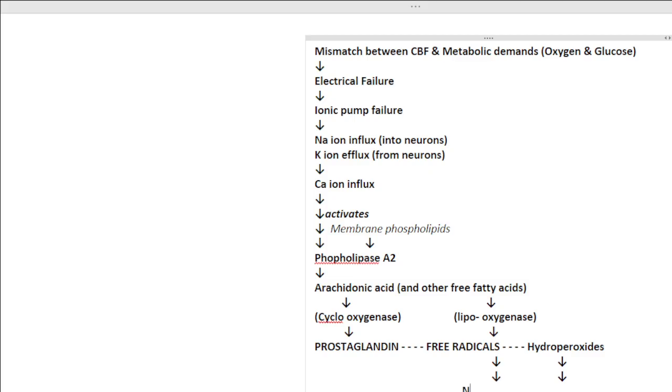I would write here neuron damage. Let us put it in red so that you can understand well. Now, these free radicals have caused it, right?